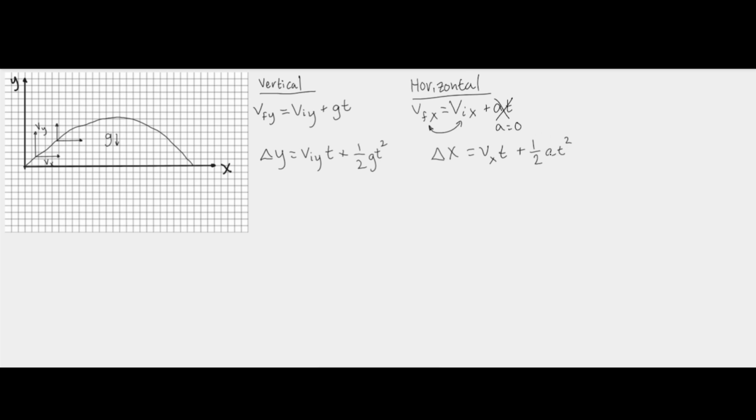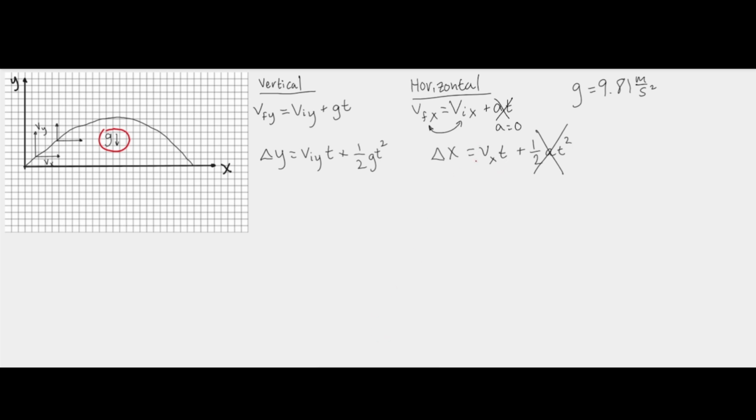So what is my acceleration horizontally? Well, it's 0. Just as in the velocity equation in the x direction, the acceleration is still 0. It doesn't change because the acceleration is a constant, g equals 9.81 meters per second squared, and this only occurs in the vertical direction. It has nothing to do with this horizontal component.